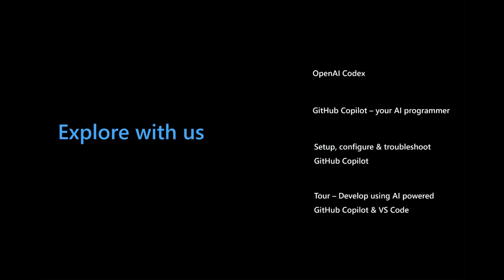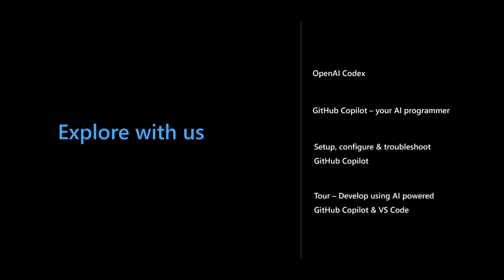Let's get started on exploring what GitHub Copilot is, how it helps us, and what it was founded on. We will also get to know how to set up, configure, and troubleshoot GitHub Copilot, followed by a quick tour of how it can be used in Visual Studio Code.